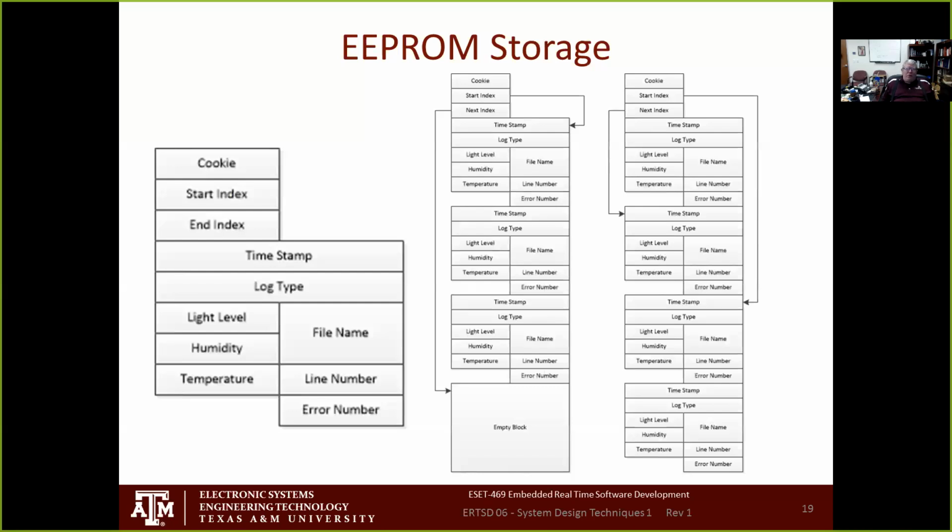One of the interesting things about an EEPROM is something that you don't think about, but you should, and that is that I can write to a particular memory location in EEPROM as many times as I want to.